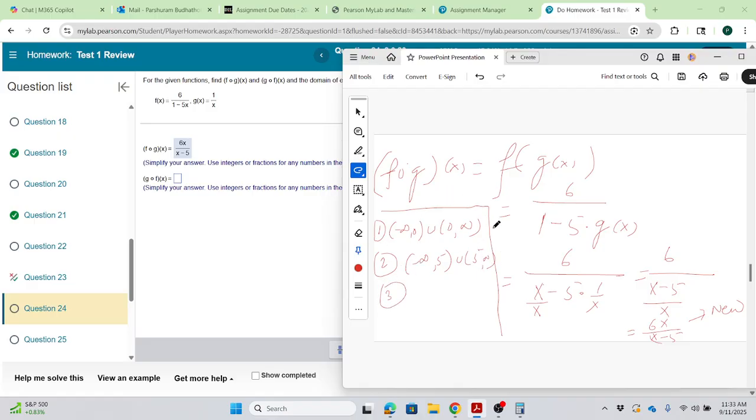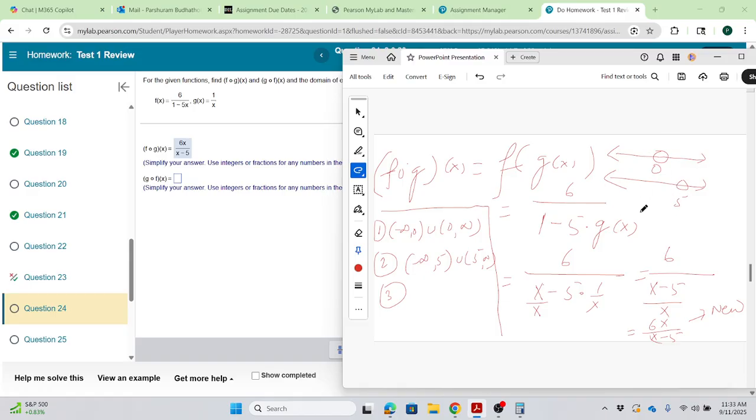Number 3, the domain of the composition is the intersection between them. So look here, one has a domain of all real numbers except 0, another has a domain of all real numbers except 5.